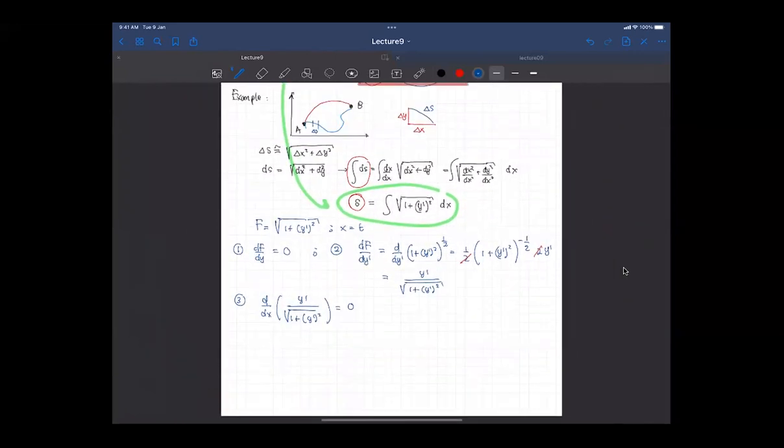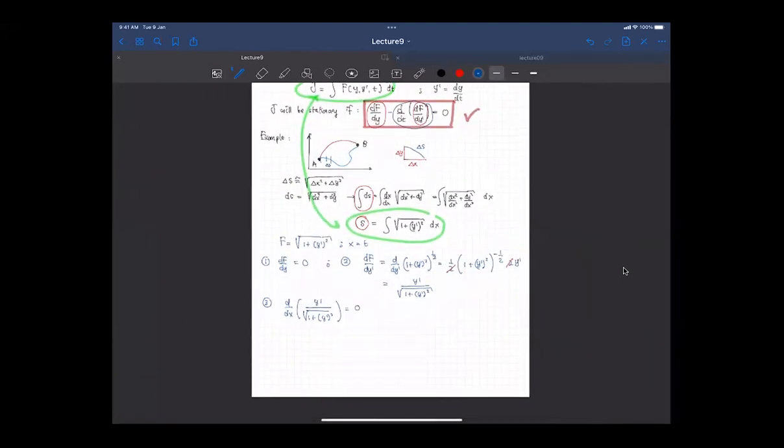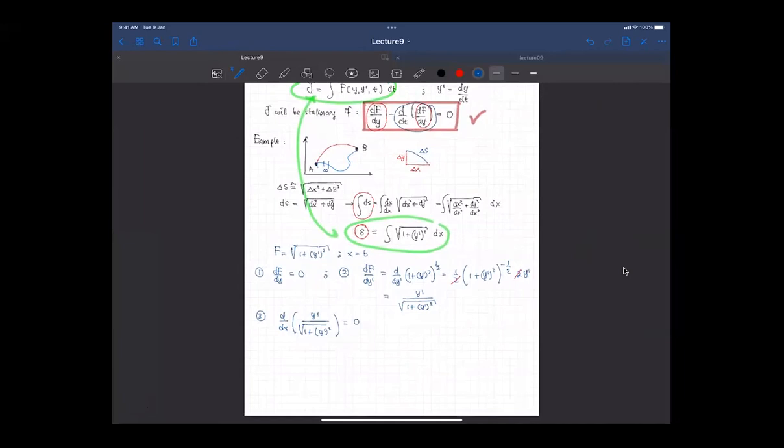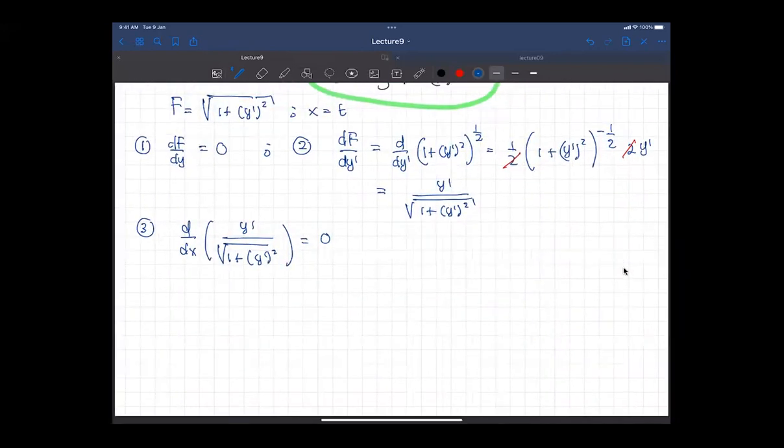Okay, so now let's look at the whole equation. So df dy, let me see. Okay, so let's look at this, the third equation. d dx of df dy prime equal to 0.